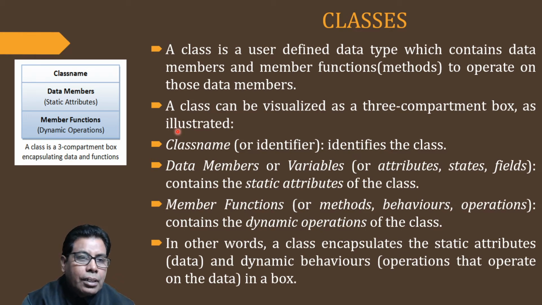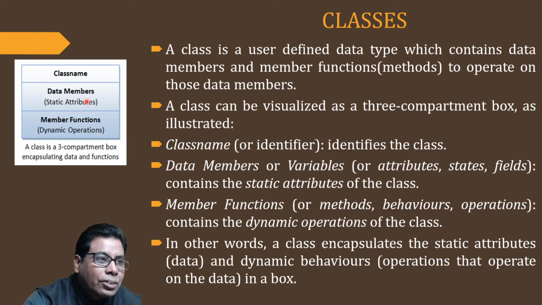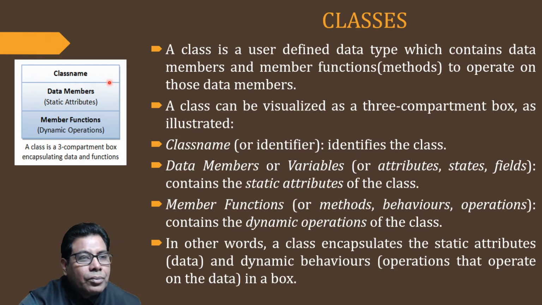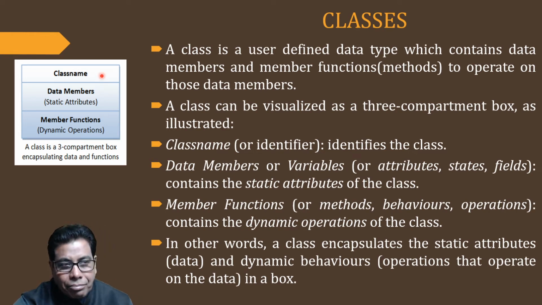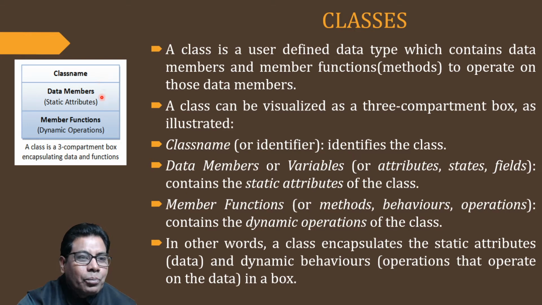A class can be visualized as a 3-compartment box. So here you can see the 3-compartment box. It will have the class name, then data members, and the member functions.